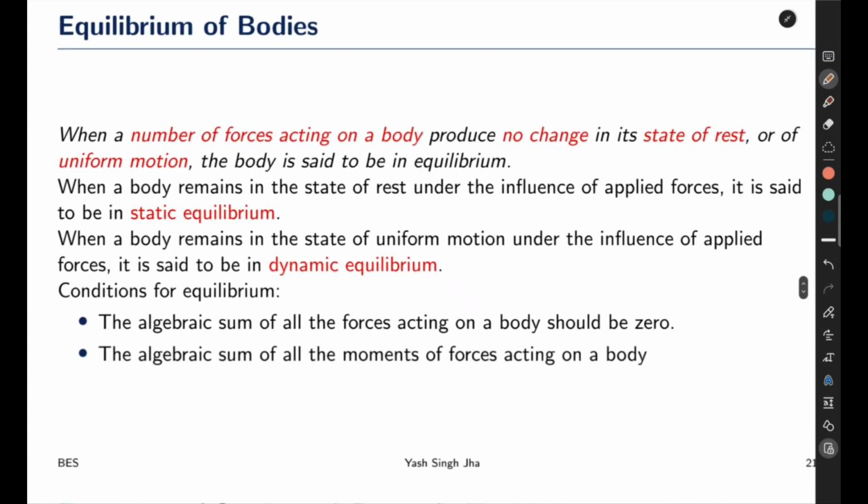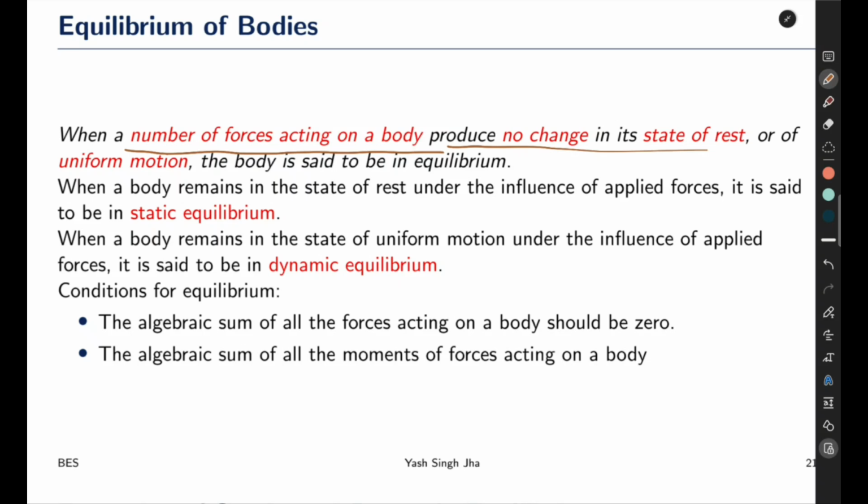One more important topic is equilibrium. What is the meaning of equilibrium? Equilibrium is when a number of forces acting on a body produce no change. Equilibrium can be of two types.